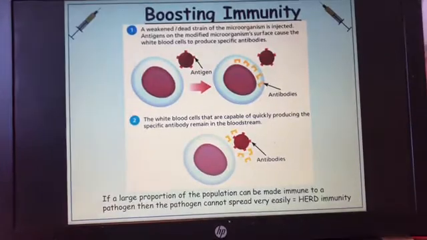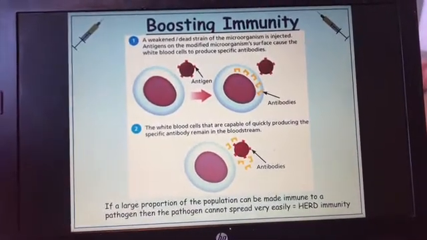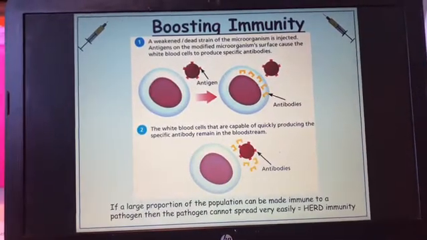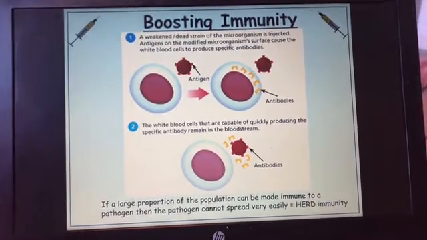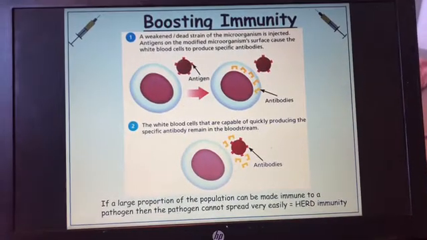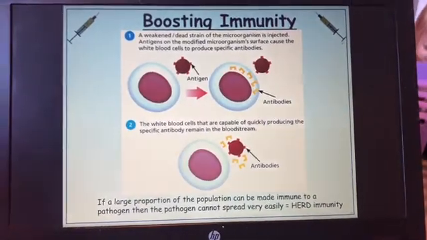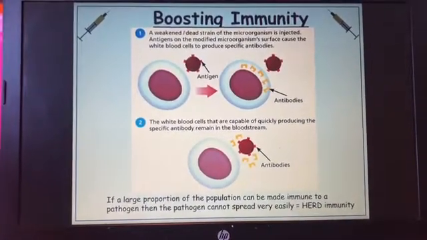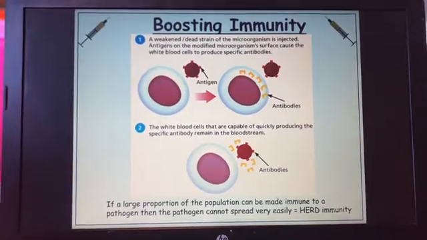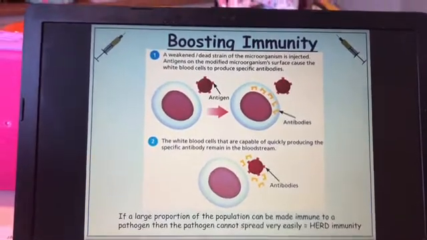So a weakened or dead strain of the microorganism is injected. The antigens will still be there, so they will still trigger the production of antibodies by your white blood cells. They produce memory cells which remain in your bloodstream for a long time. So if you actually got the infection, you wouldn't get ill.